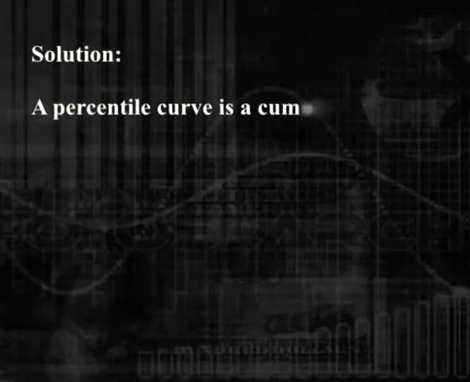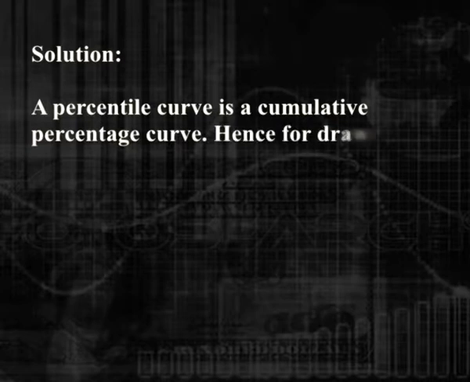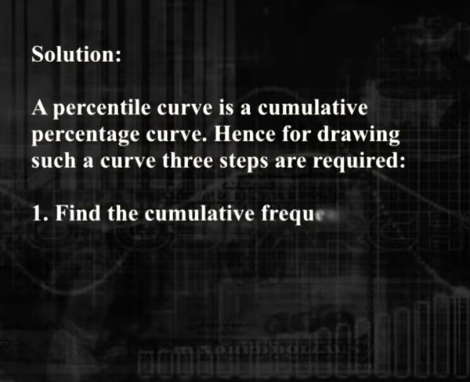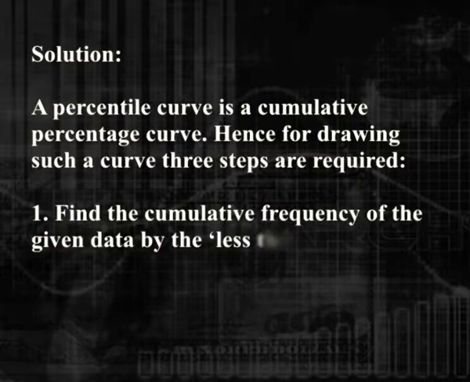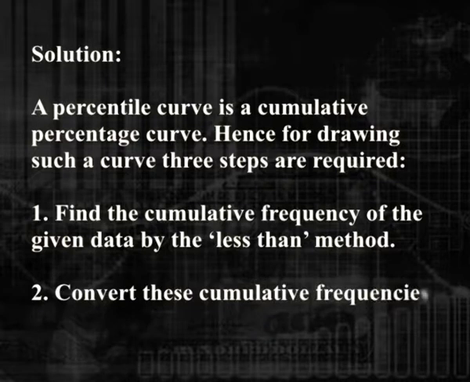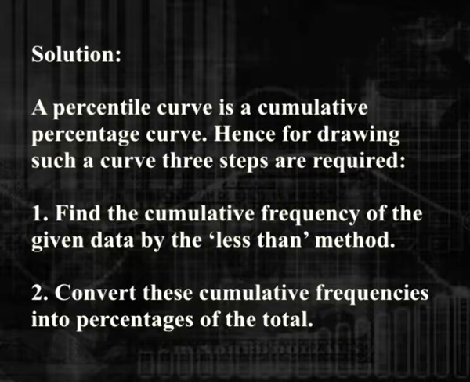So the solution to this: a percentile curve is a cumulative percentage curve. Hence, for drawing such a curve, 3 steps are required. First one, find the cumulative frequency of the given data by the less than method. Second one, convert these cumulative frequencies into percentages of the total.